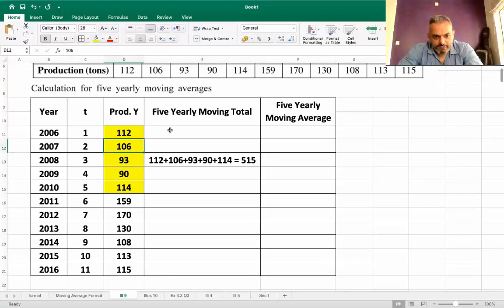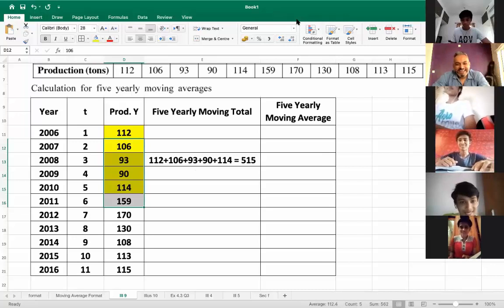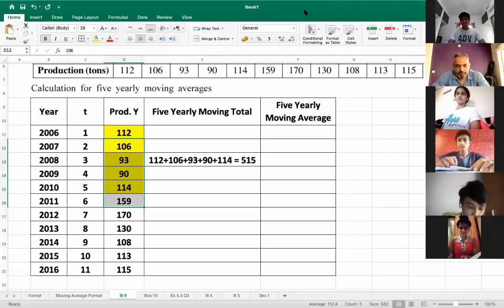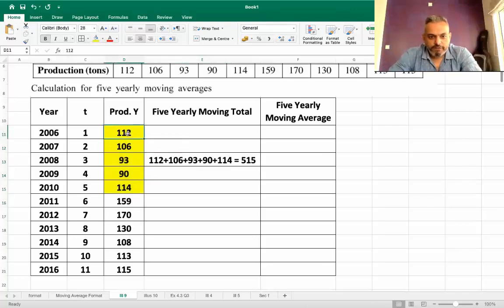Now the next 5 total. So you start from 106 and go to 159. Pay attention, 515 is written. Okay, now pay attention here. Look at the screen for a minute. Now you have 2 options to do this sum. One option is, don't write yet, just first listen to me. First you did the total of all these.